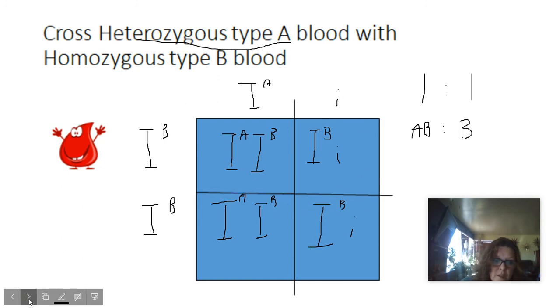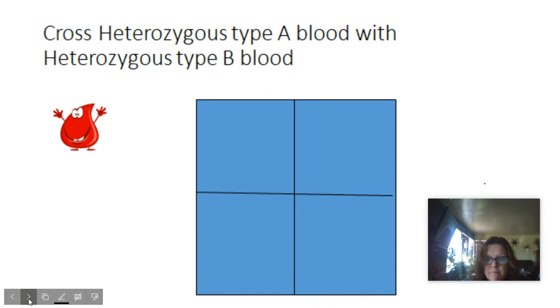Okay, let's move on. Try another one. Again, if you want to pause and then try it yourself, that's a great idea. Okay, heterozygous type A blood means you have an A and a recessive, right?